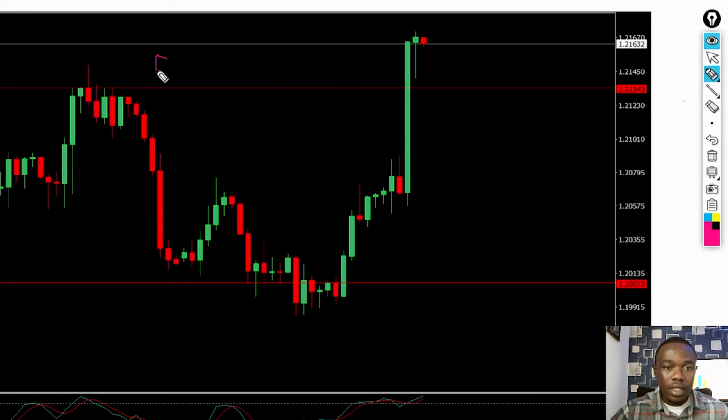The pair is Euro USD, and we are long on it. We are buying it. So let's say the market was here and we bought it at this particular point.